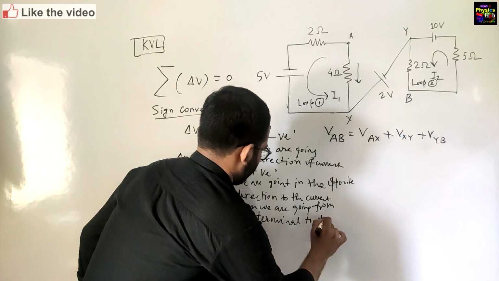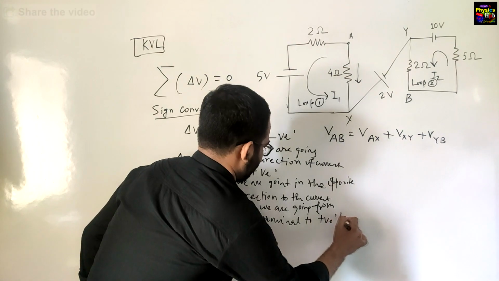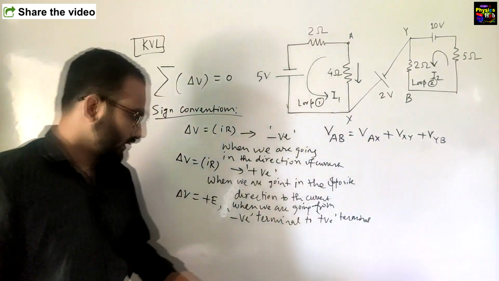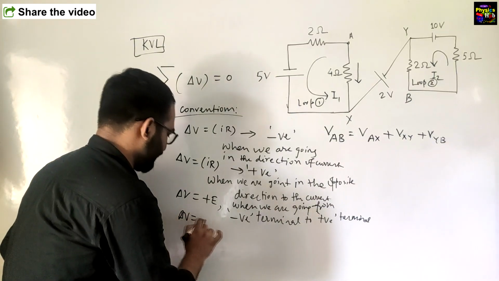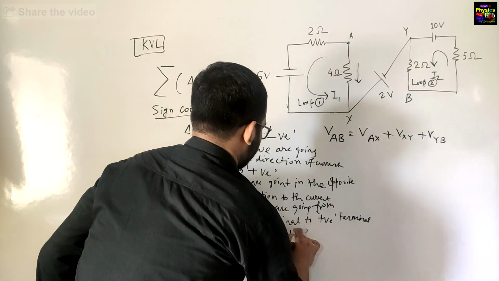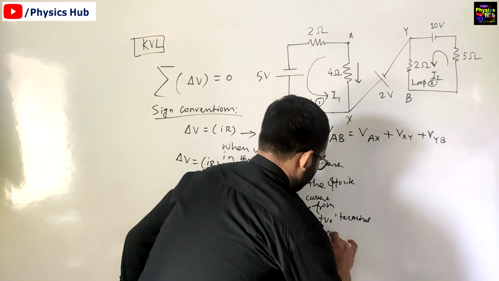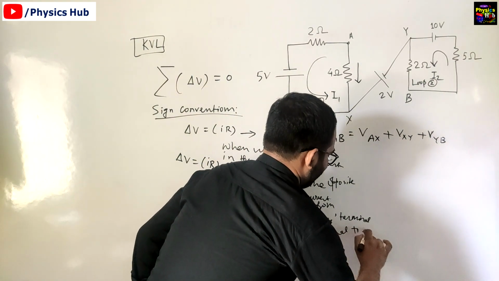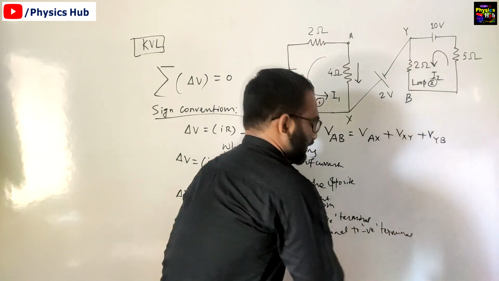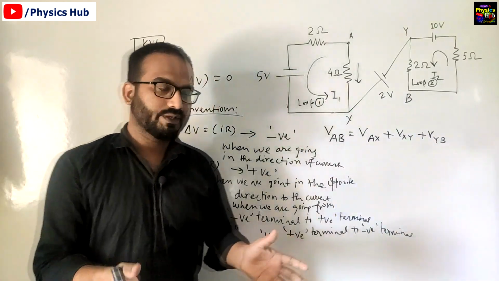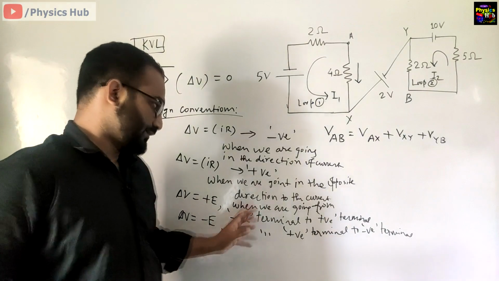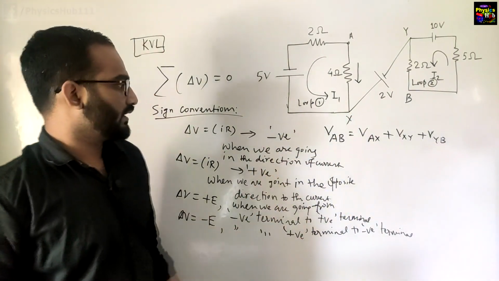Simply remember it this way: negative to positive is positive, positive to negative is negative. So these are the sign conventions.